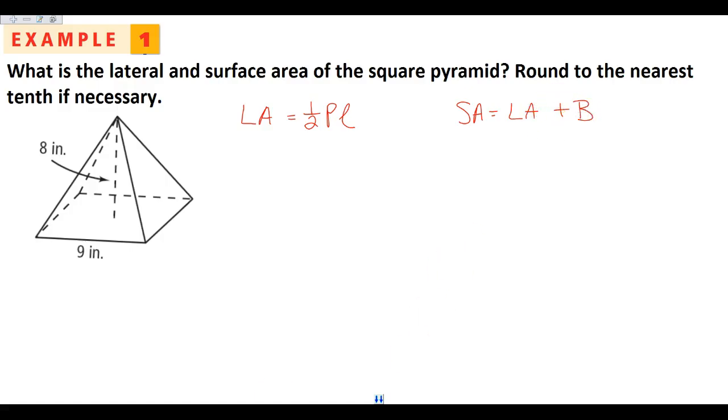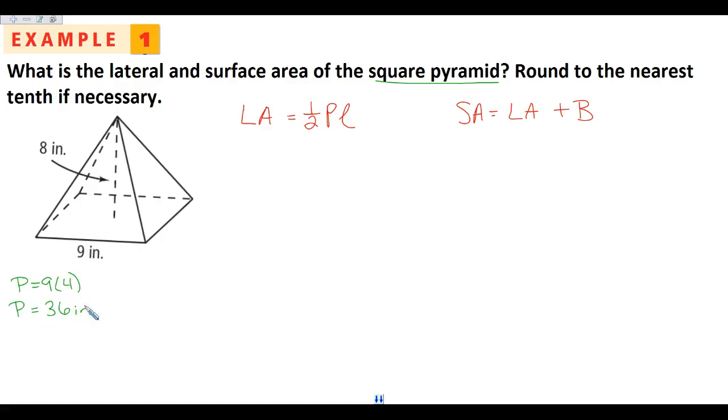So things that I need to make sure that I have: I need to have the perimeter of the base. Well, okay, I'm told it is a square pyramid, so that means my base here is a square. So the perimeter of the base is going to be 9 plus 9 plus 9 plus 9, or 9 times 4. So my perimeter of my base is 36 inches.